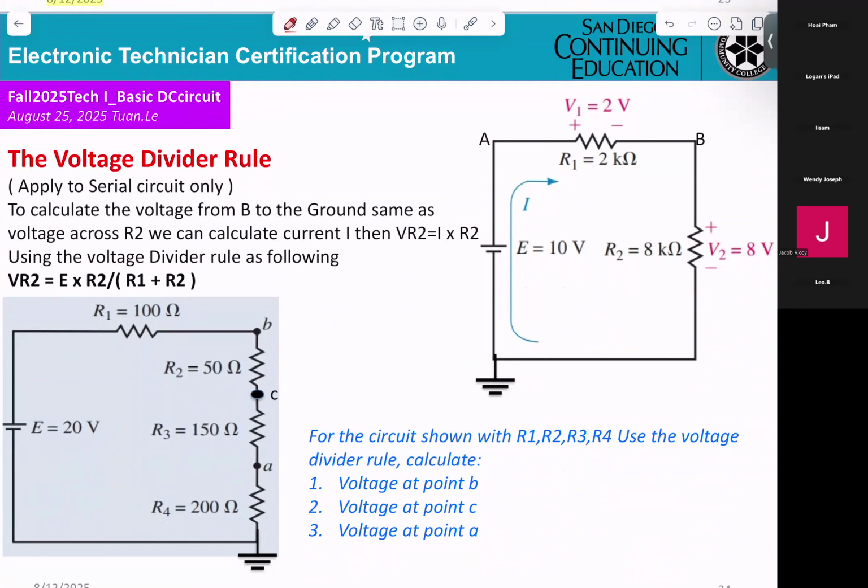I can give an example for this circuitry here. What they want. They can want the voltage at point B or point C or point A. Now, you can do the calculation. However, at this time, I don't care about calculation.